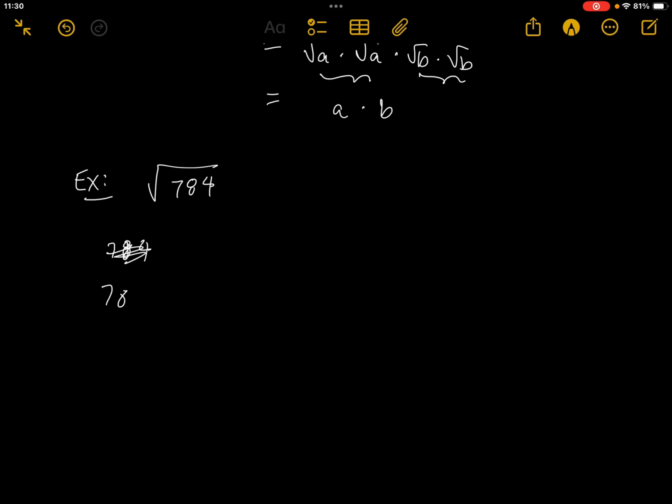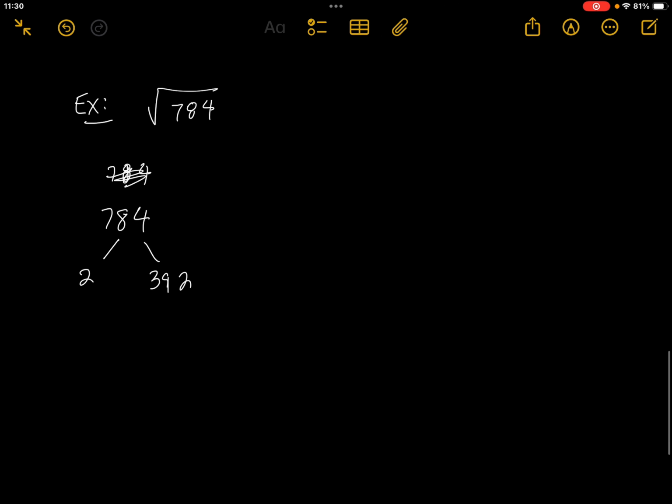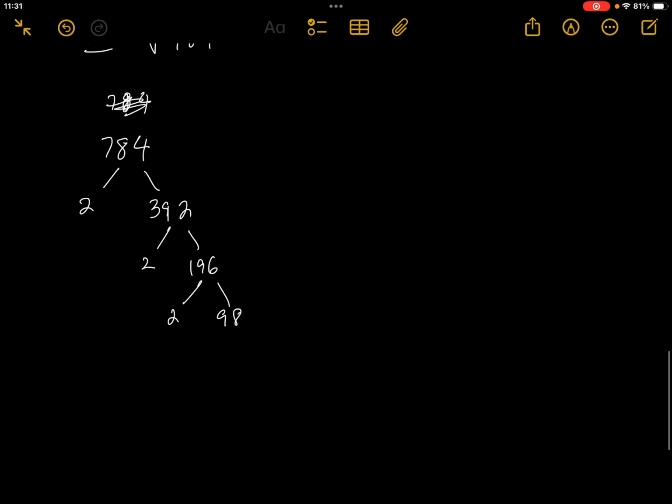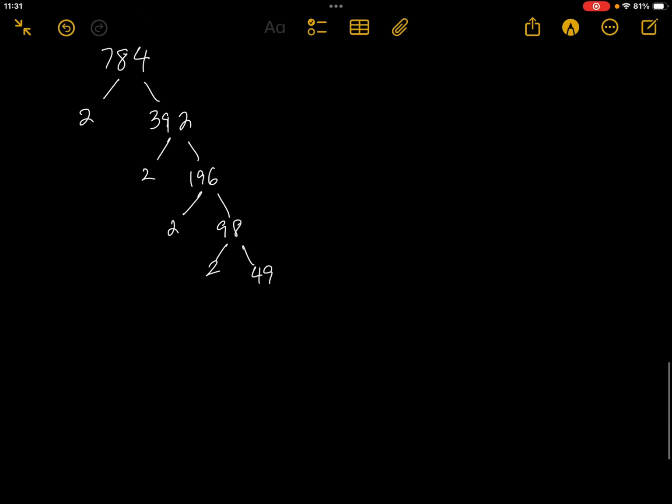First of all, it's divisible by 2. 784 divided by 2 is 392. I can factor that again as 2 times 196. Then I can factor out another 2 and I get 98. I can factor out another 2 and get 49. 98 divided by 2 is 49. 49 splits as 7 times 7.